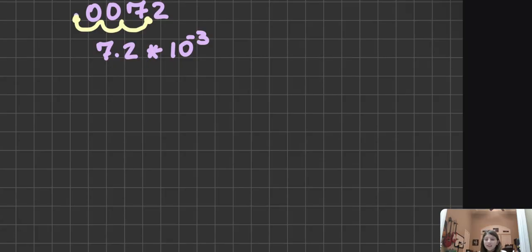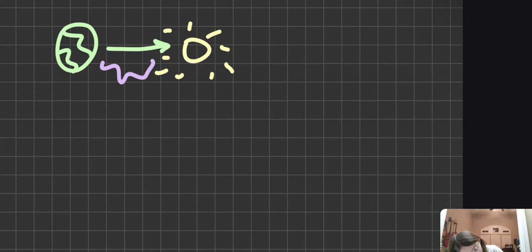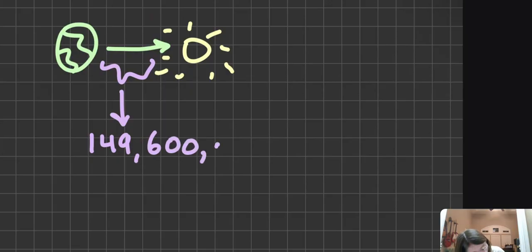So scientific notation is used a lot in science and engineering. So I'm just going to give you some really common examples. The distance from the Earth to the Sun is going to be about 149,600,000 kilometers, right?